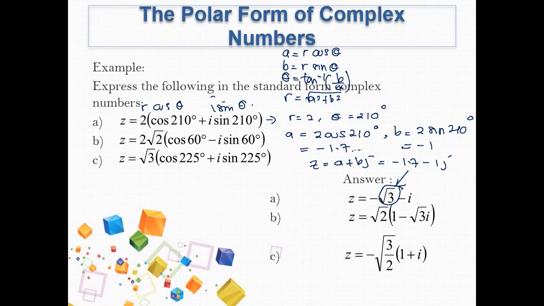There are two special angle triangles. One has 45 degree and 45 degree. This is easier because each of these sides is 1, the radius is 1, and this is square root of 2.